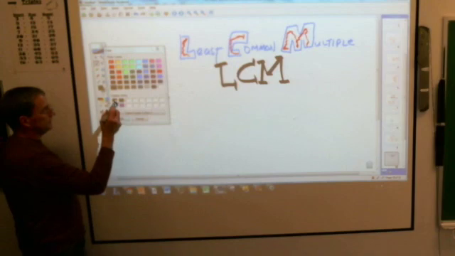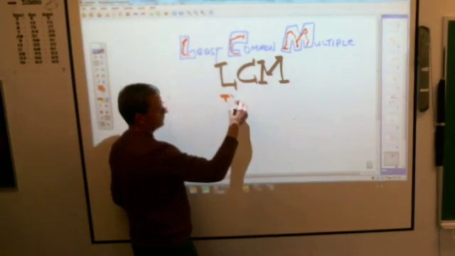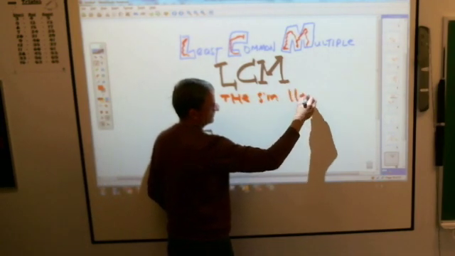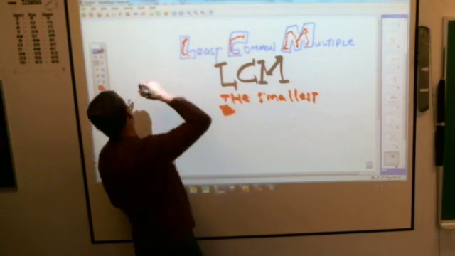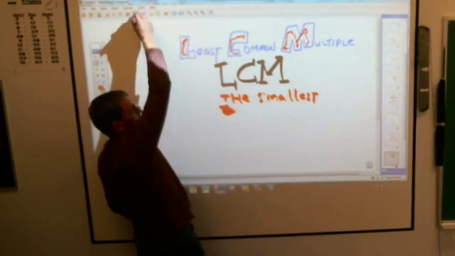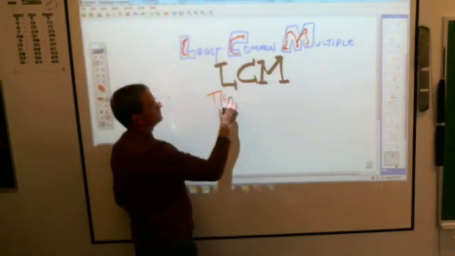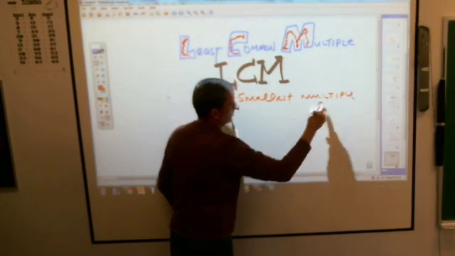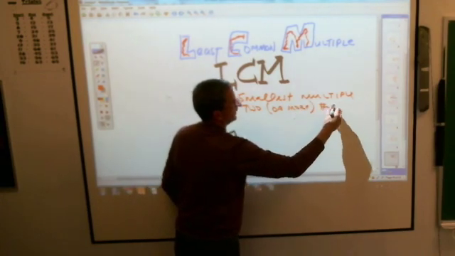And the basic gist of least common multiple is simply the smallest multiple to two or more numbers shared.